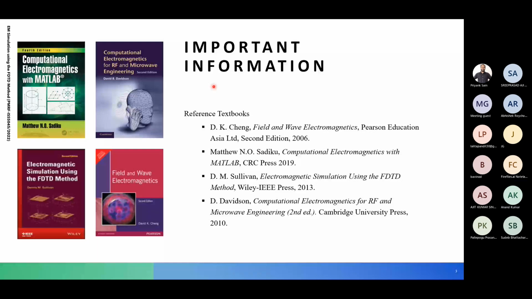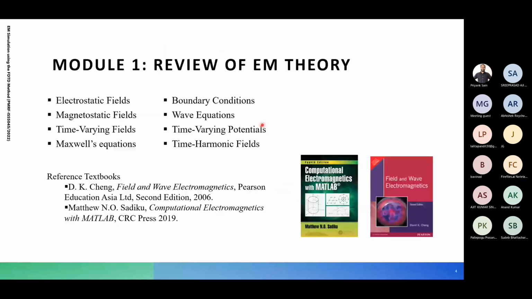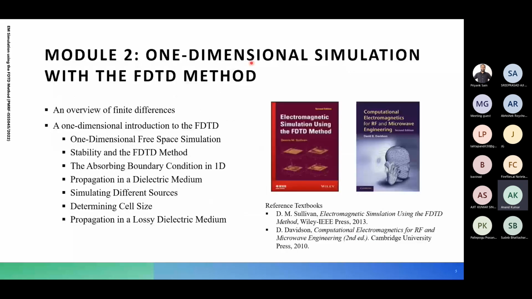Okay. So these are the textbooks which we are referring to. I'll go slowly so that you get time to see the slide. We have covered the review of EM theory in module 1. In module 2, we saw the formulation of the update equations in one dimension for FDTD.